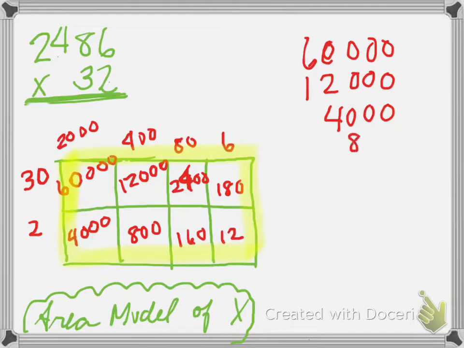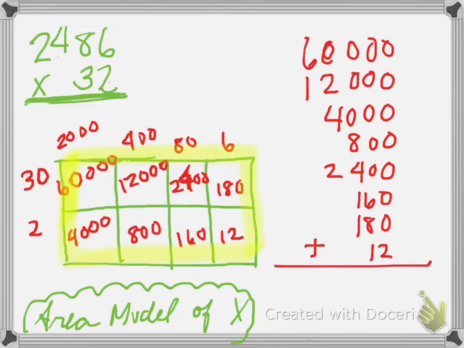Plus 800, plus 2,400, plus 160, plus 180, plus 12, and I can add all of these up. Before I do this, I'm going to count. I've got 1, 2, 3, 4, 5, 6, 7, 8 numbers on my grid, and 1, 2, 3, 4, 5, 6, 7, 8 numbers on my addition statement here.